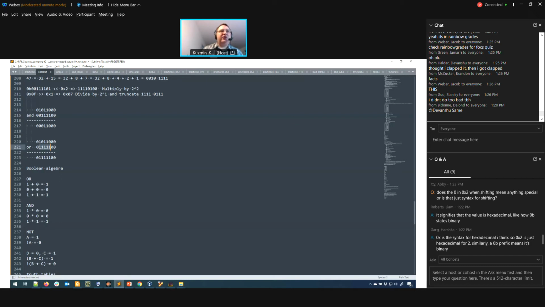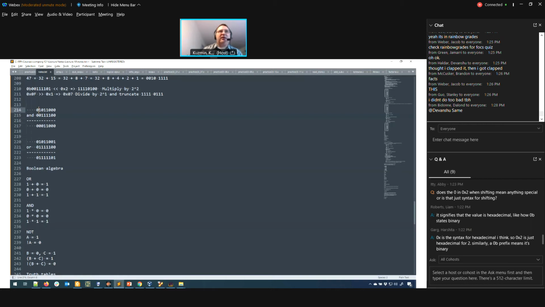No matter what the original value was, we set the values that had 1. And if there was 1 in the original number, that 1 stays. So 0 doesn't change anything in the OR mask. It just preserves the value of the original number. But whenever we have ones in those bit positions, in the result, it's guaranteed that bits will be set.